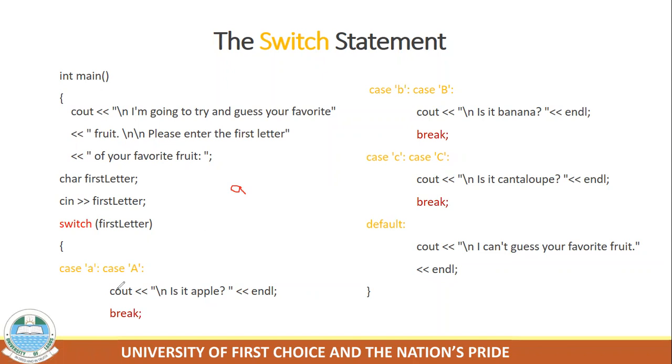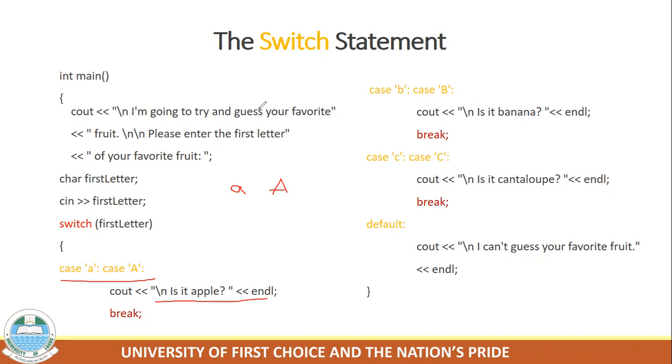So you might input a small letter a or a capital letter A. It will still come to this case and display to the screen, is it apple? So you can also do this if it is banana, if it is carrots, or cantaloupe, I don't know how it's pronounced.